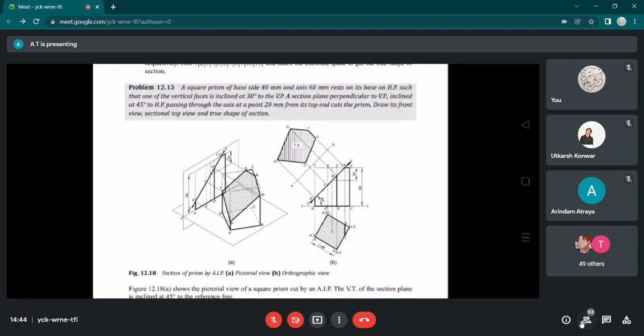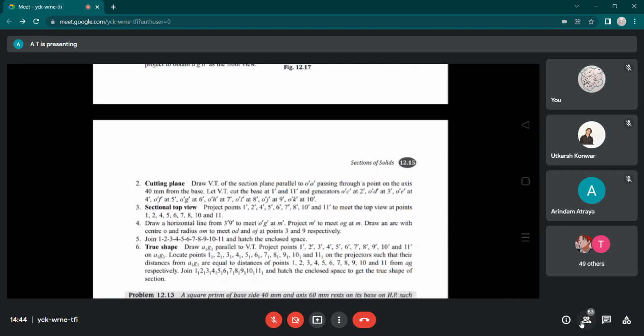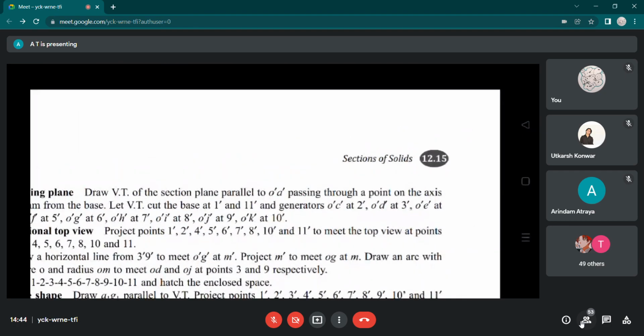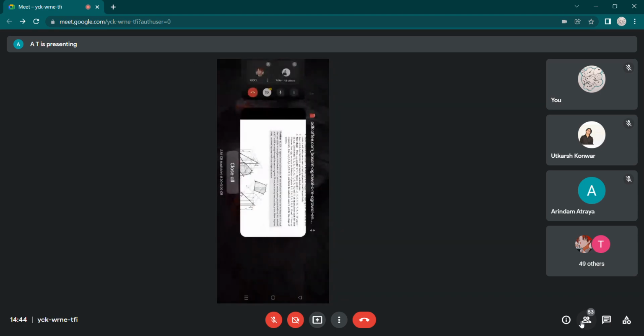Look at this problem. Look at this problem of square prism. Page number, it is given here, page number 12.15. So look at this problem.